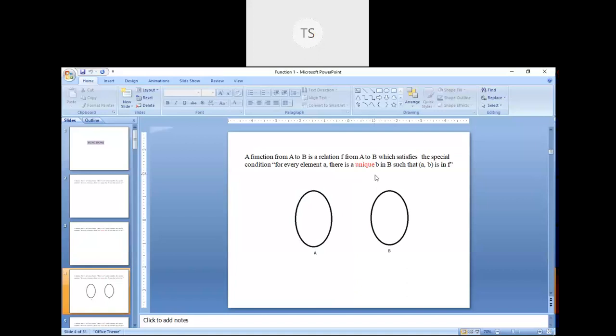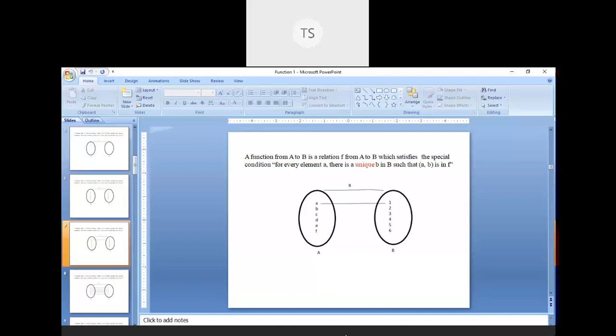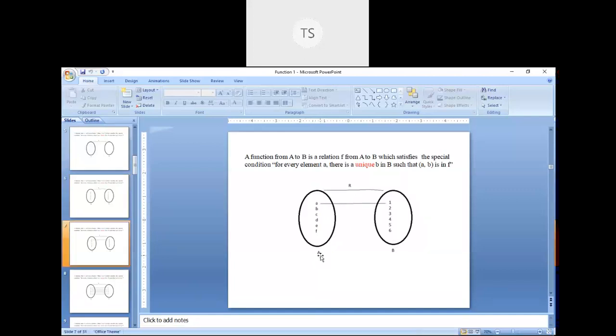If I draw this diagram, suppose these are two sets A and B, and a function R from set A to set B. Suppose you have elements a, b, c, d, e, f in set A, the first set, and the elements 1, 2, 3, 4, 5, 6 in set B. Under this relation R, the image of a is 1.